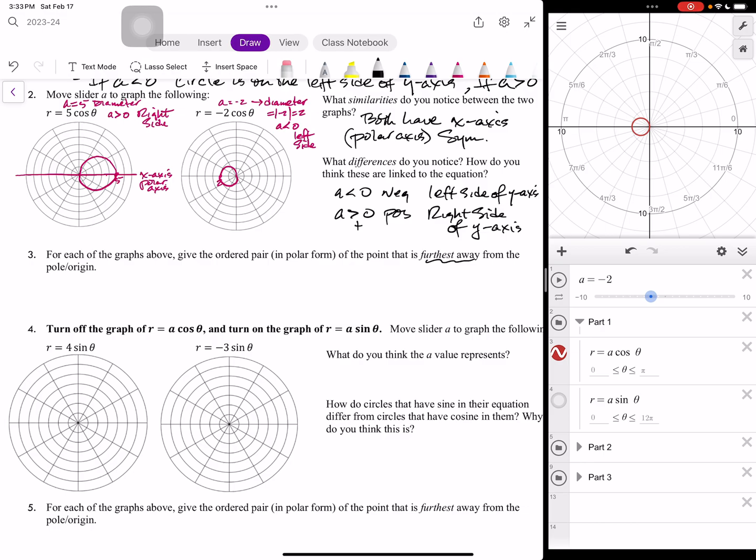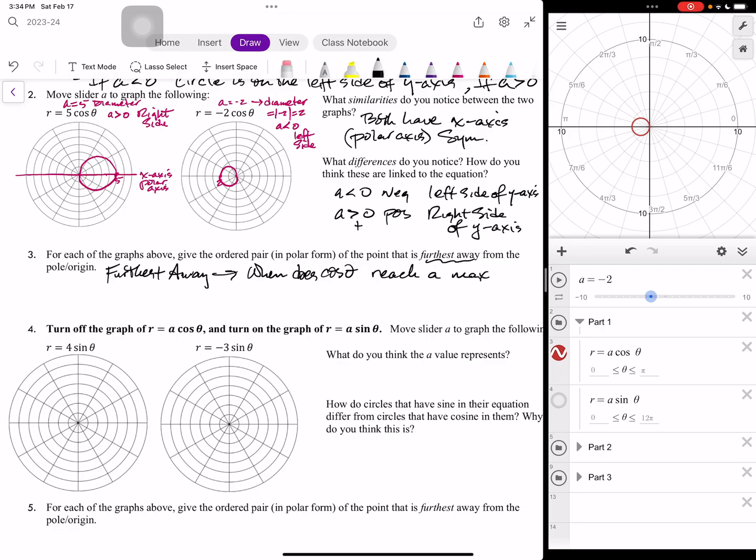So you get it furthest away. We have to be thinking here. When does cosine theta reach a max?